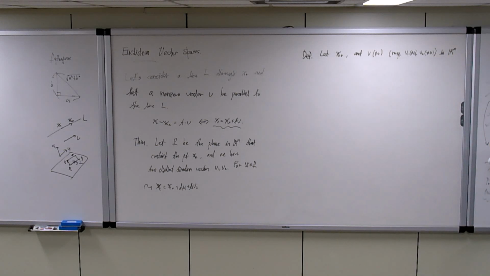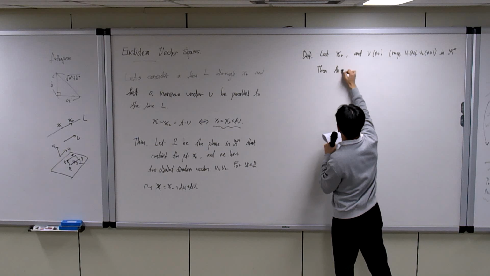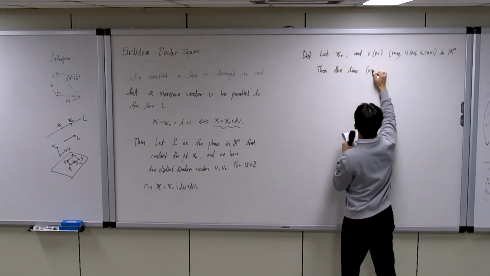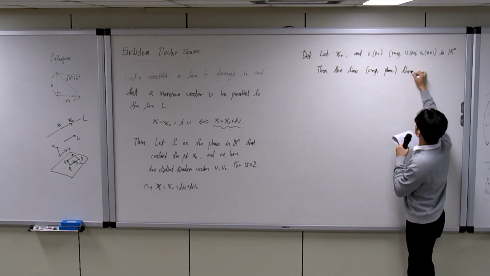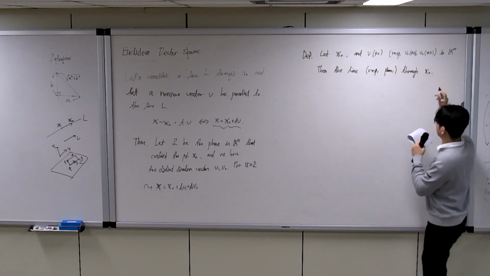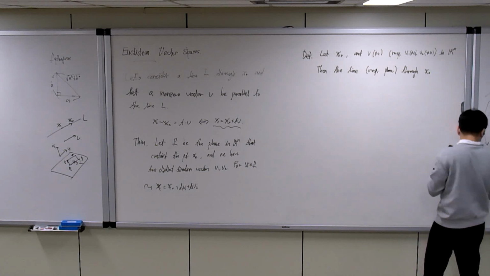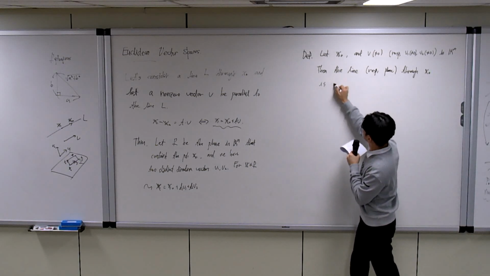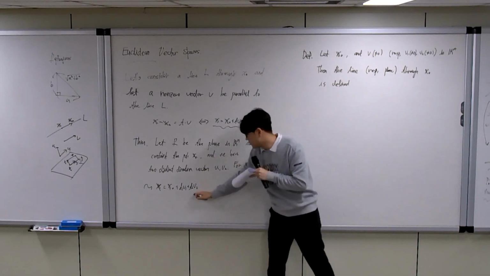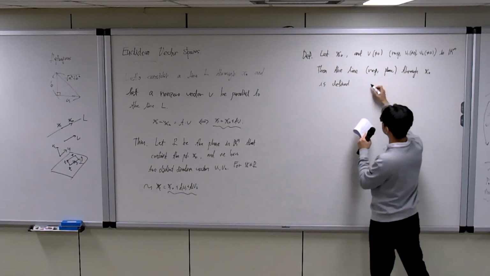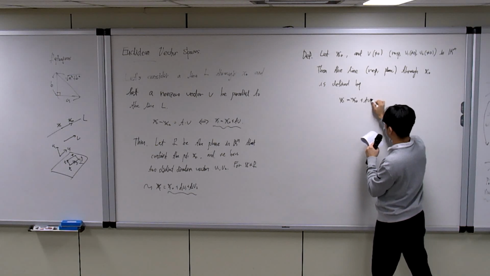Then the line through x0, and the plane also through x0, is defined as the form: x equals x0 plus tv respectively.